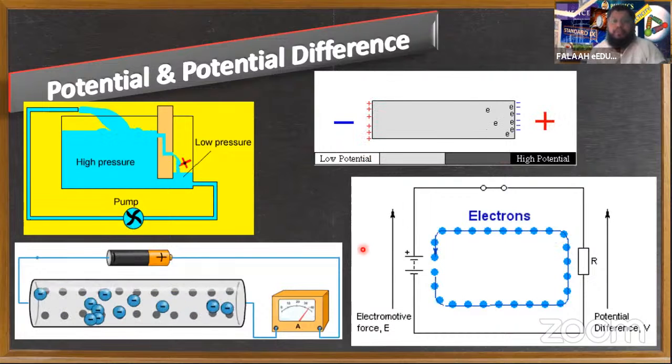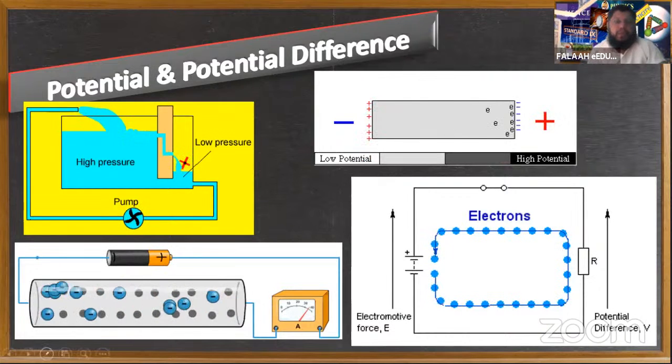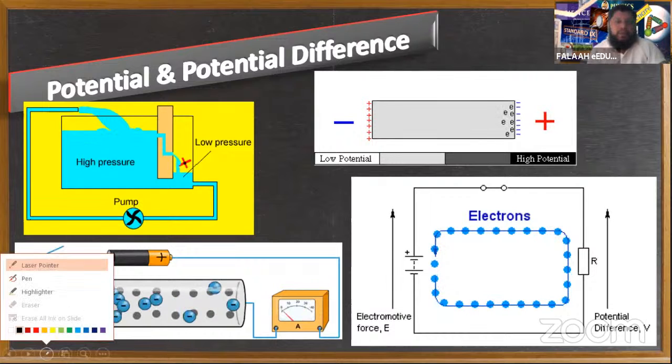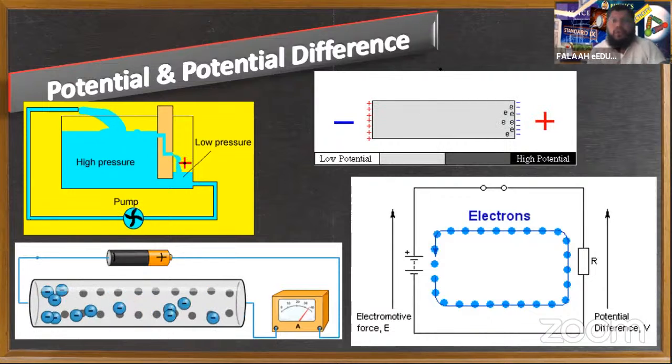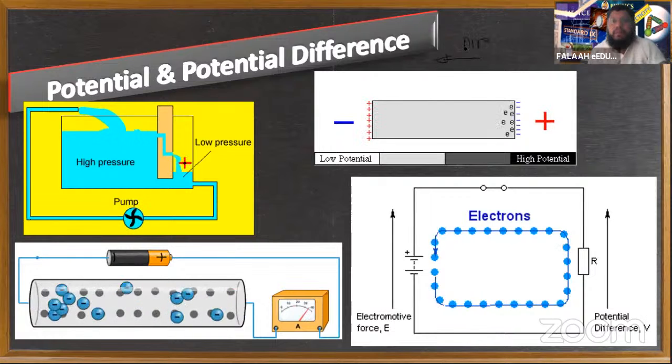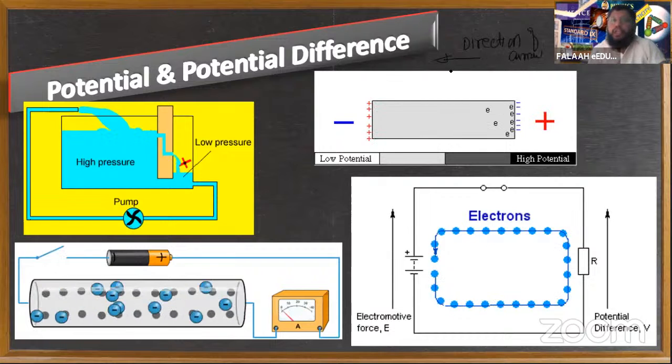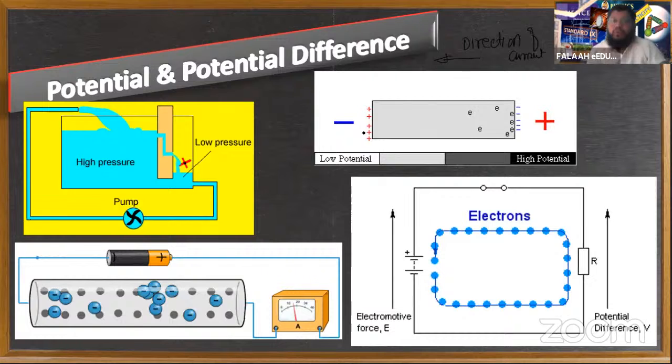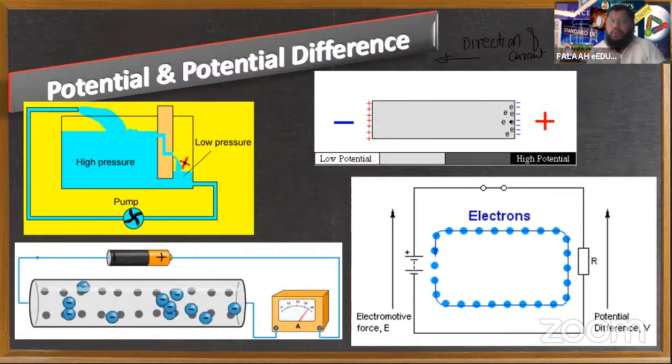What we show as the direction of current flow is positive to negative, while electrons flow from negative to positive. Now see how electrons flow.